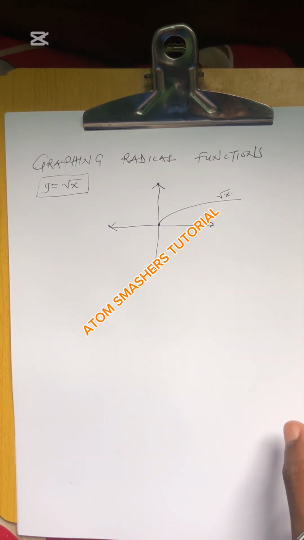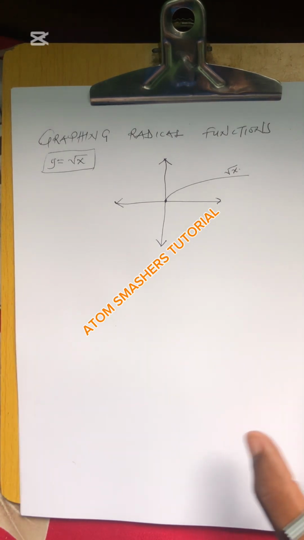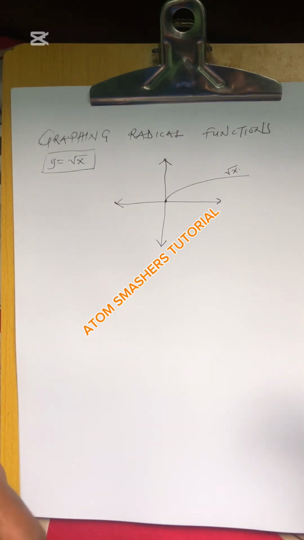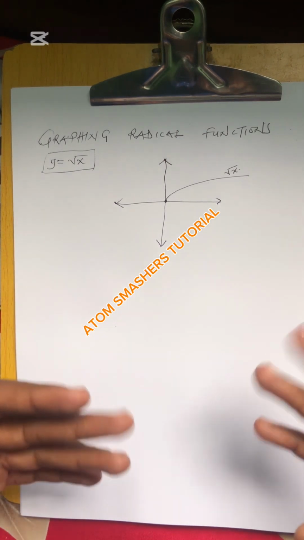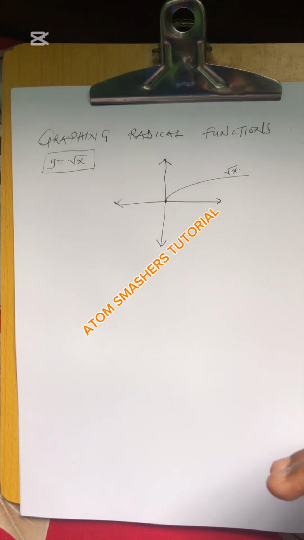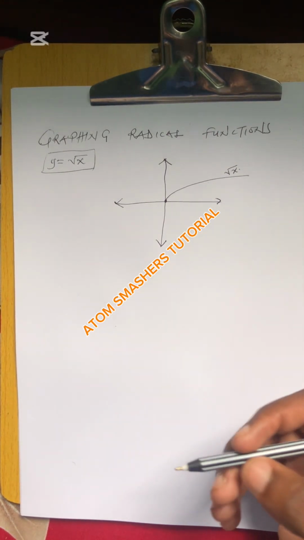If you want to see how it's coming out, you can make a table of values. You plug in, for example, x to be 1, 2, 3, 4, 5, and other negatives, and you find the values of y.